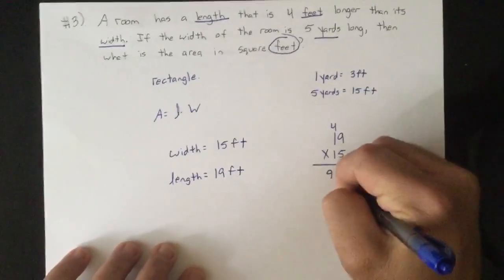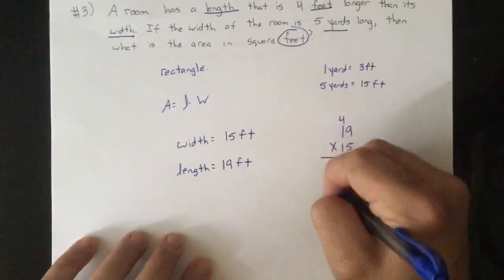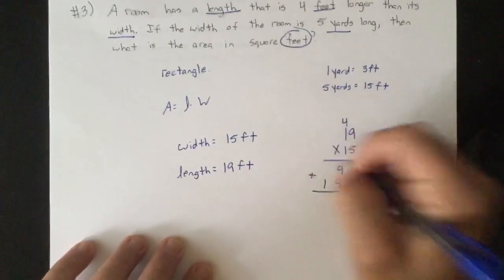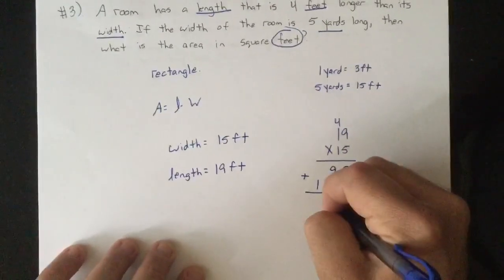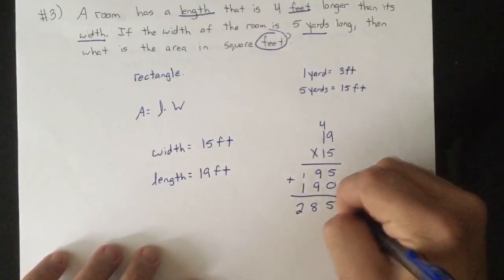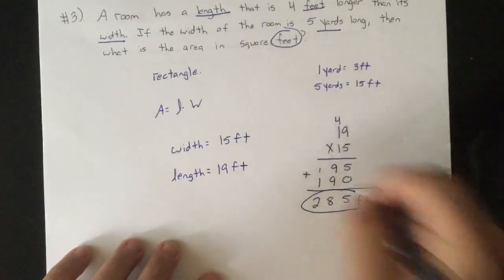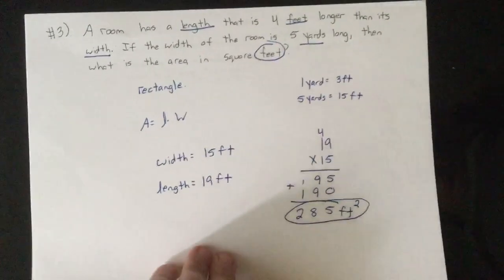Second row add a 0. 1 times 9 is 9. 1 times 1 is 1. Add straight down. You should have gotten 285 feet squared. Woo! Almost done, guys.